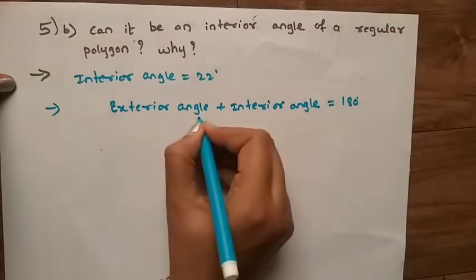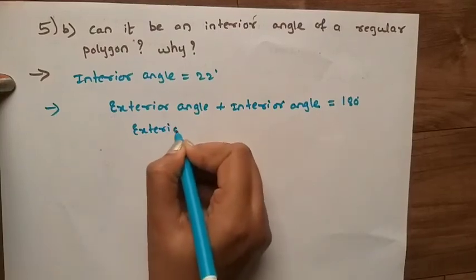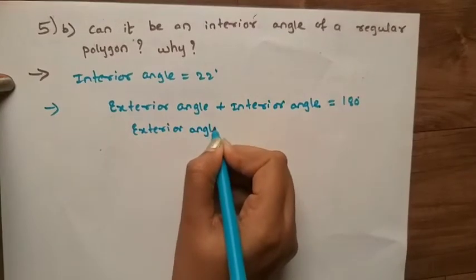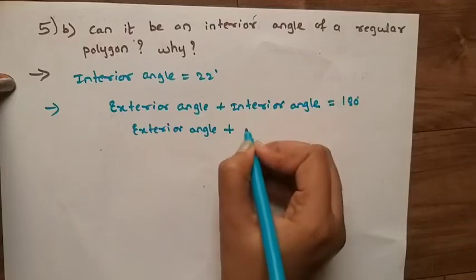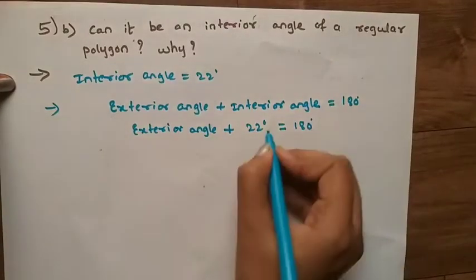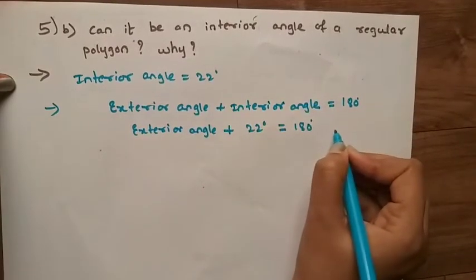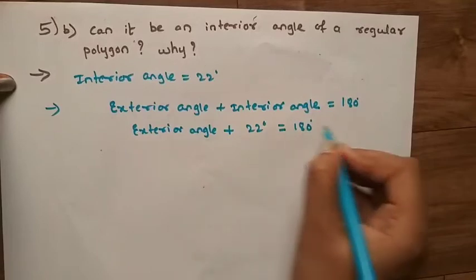Here we have to calculate the exterior angle, so keep it as it is. Here the interior angle we have taken as 22 degree. So write 22 degree, equal to 180 degree. Here this is exterior angle plus 22 degree. When it goes to the right hand side, the plus sign becomes a minus sign.